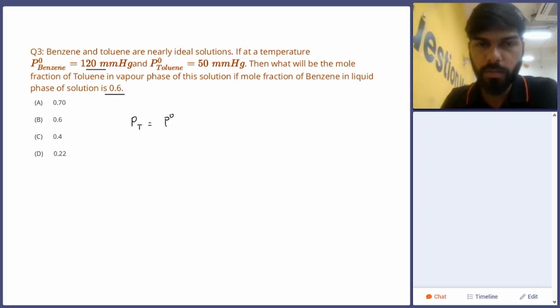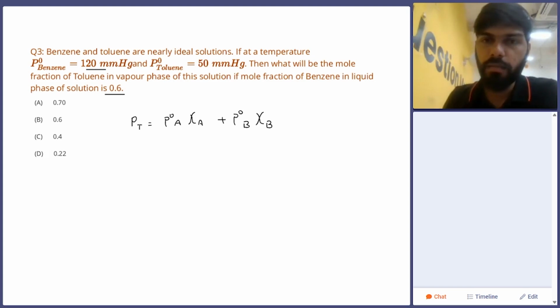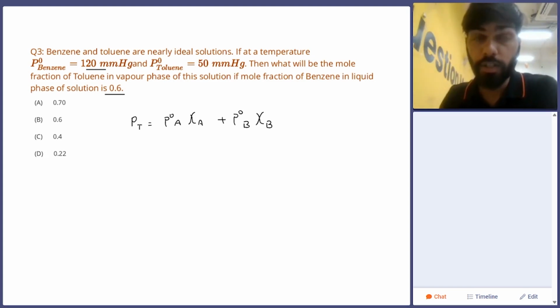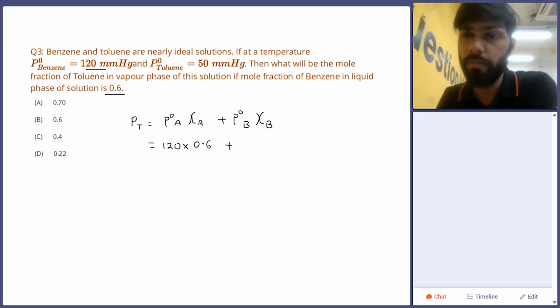P total is equal to P naught A times mole fraction of A, plus P naught B times mole fraction of B. Here the mole fraction of benzene in the liquid phase is 0.6. So chi A is 0.6, and chi B is definitely 0.4, because you do 1 minus 0.6 and you get 0.4.